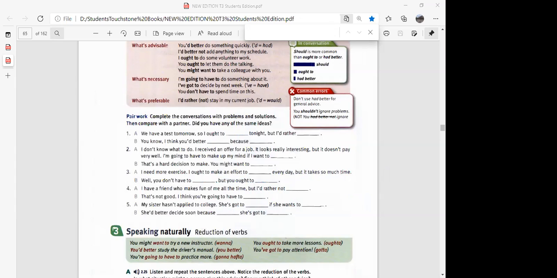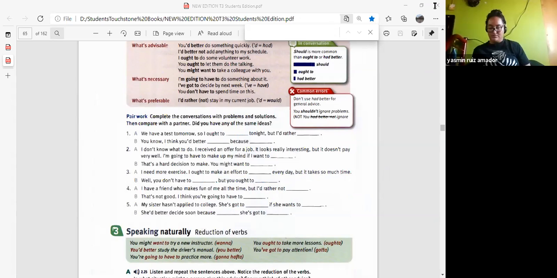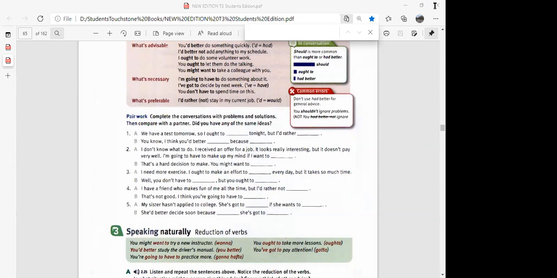Questions so far? I know these modals or expressions, I would say, maybe for you are not very common, but they are very important in English, especially better.